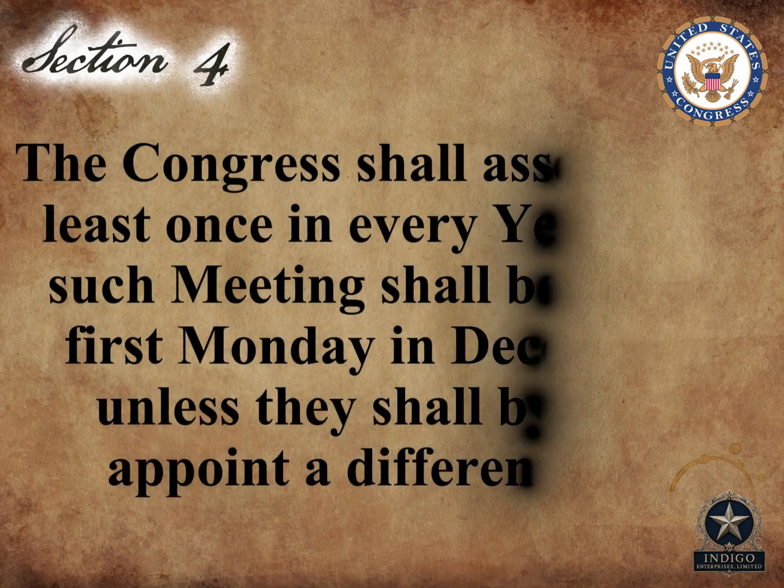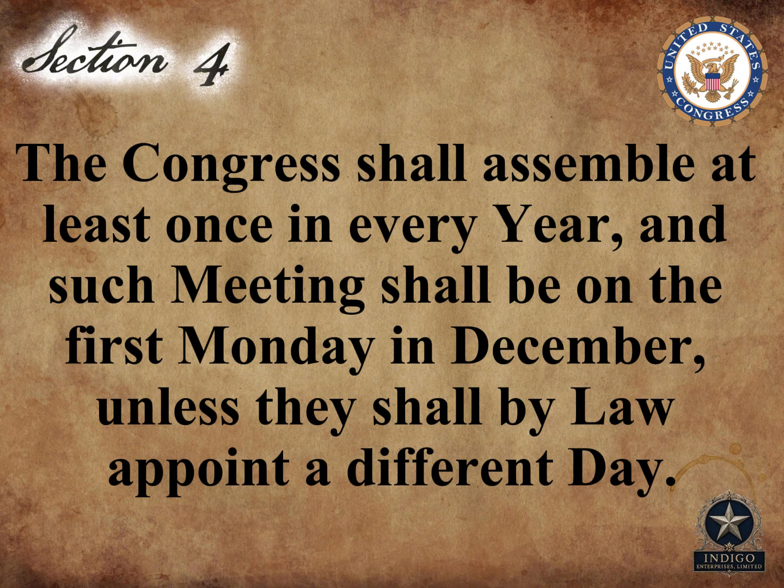The Congress shall assemble at least once in every year, and such meetings shall be on the first Monday in December, unless they shall by law appoint a different day.